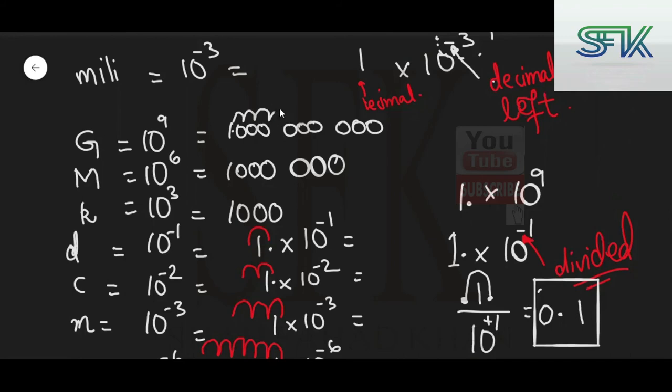1, 2, 3, 4, 5, 6, 7, 8, 9, by 9 digits. So it moved forward by 9 digits. The decimal comes over here. That's why we added 9 zeros in front of it. This is the logic behind it. The same is the case over here, moved in front by 10 digits, moved in front by 3 digits. But over here with negative powers, the decimal, instead of going to the right hand side, goes to the left hand side.